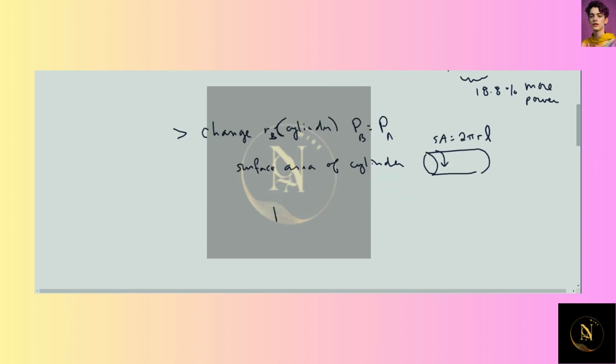So we want power A to equal power B. And that means that the temperature of A raised to the fourth power times its surface area has to equal the same thing for the second bulb.